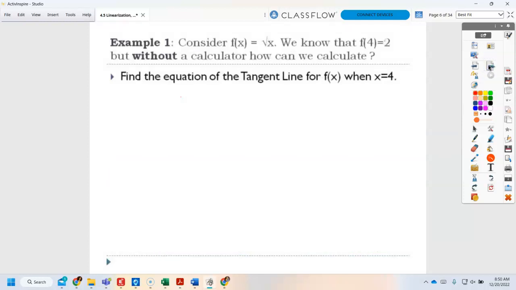So consider the function the square root of x. We know that the square root of 4 is 2. But without a calculator, how could we calculate something other than a perfect square? That's ultimately what this is going to come down to.